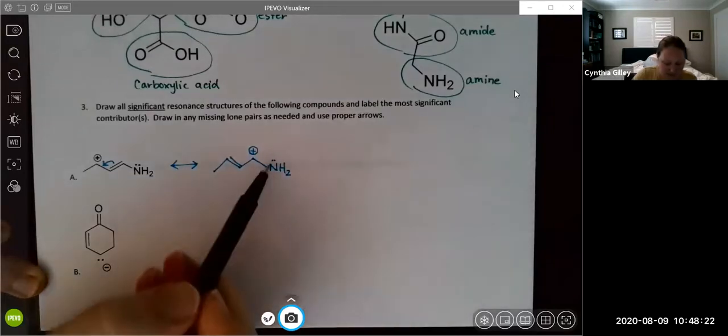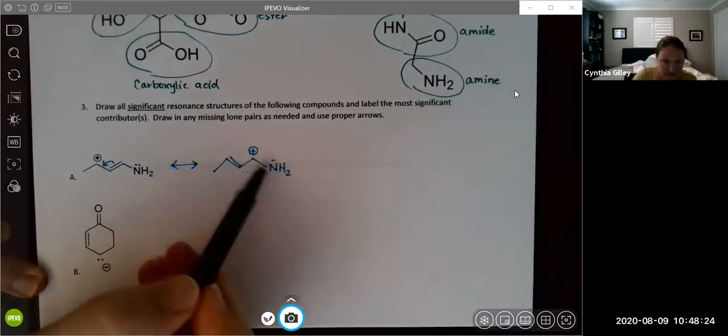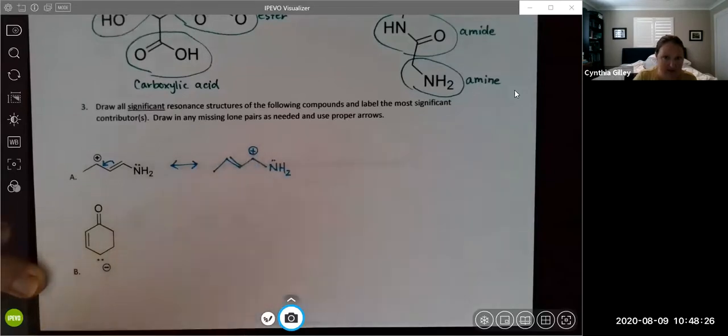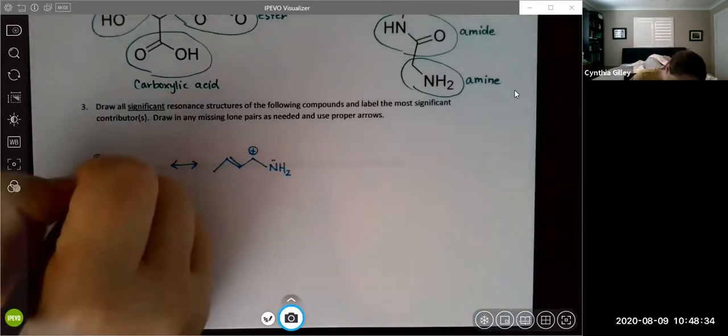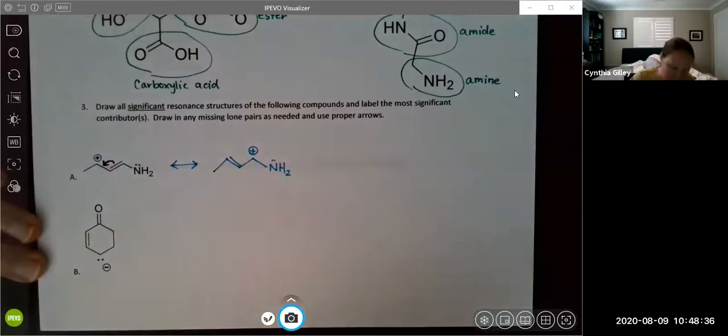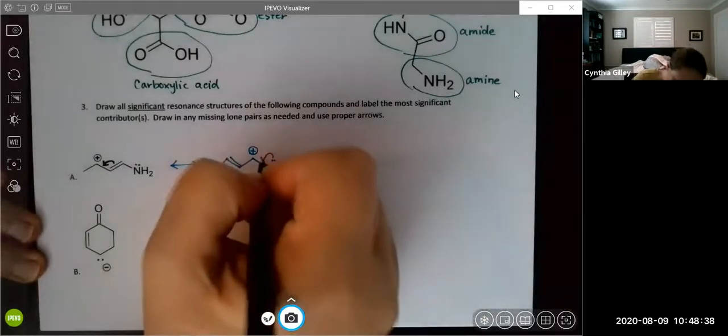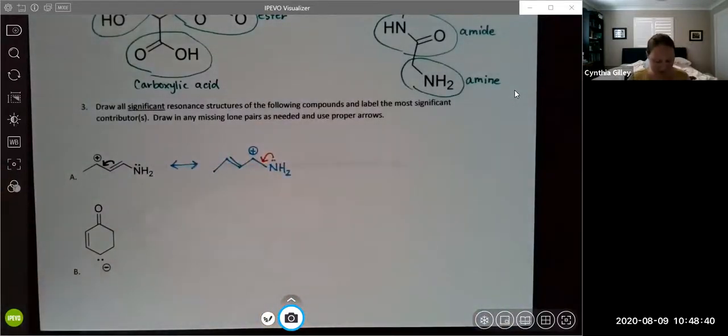Next, we have a lone pair adjacent to a positive charge, right? So that is an important pattern as well. I actually think I'm going to draw these arrows in a different color just to highlight them.